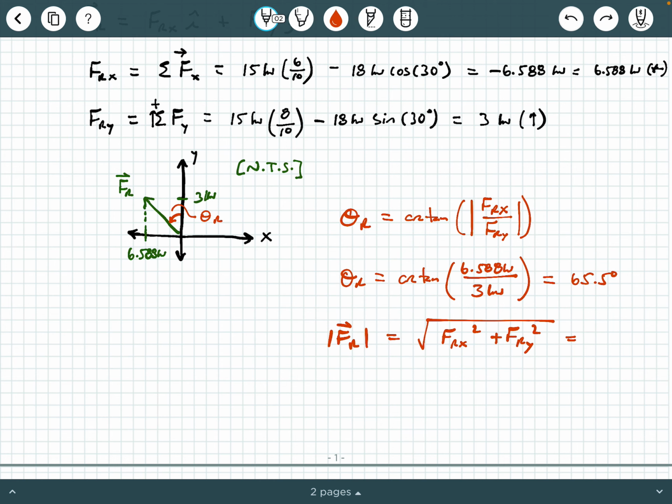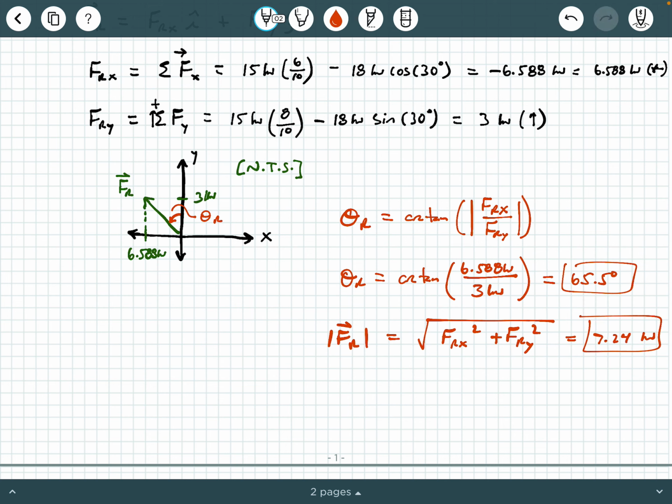Let me double check that in my calculator. 6.588 squared plus 3 squared. Yep, and then I square root it. Don't forget to square root it. I almost forgot to square root it. So that's 7.24 kilonewtons. So these are my answers.